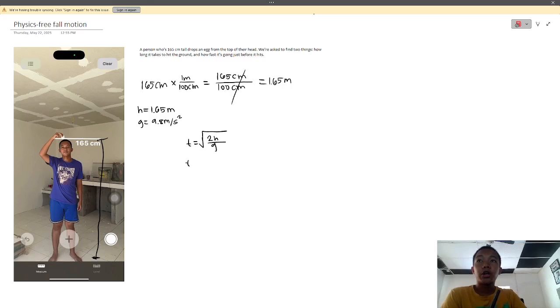So we need to plug in the numbers h and g. t equals the square root of 2 times 1.65 over 9.8, which equals 0.58 seconds.